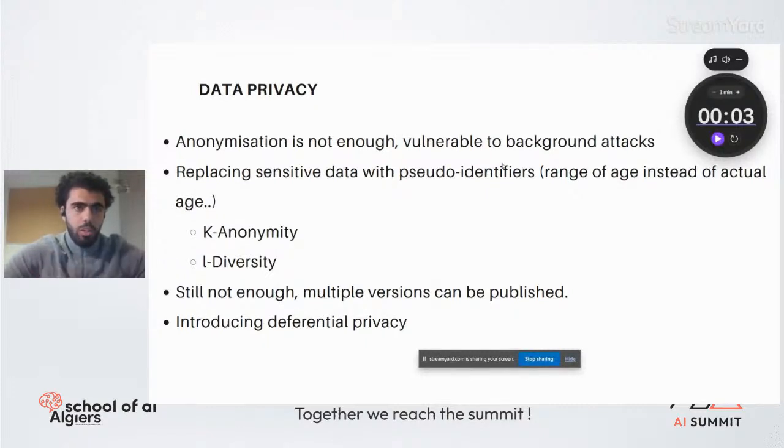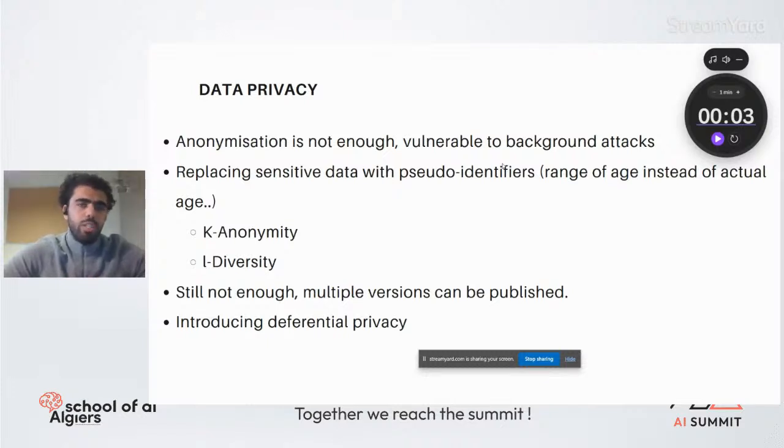The first, most intuitive way of doing it is k-anonymity. K-anonymity publishes a version of the data where individuals are in groups of at least k individuals per group.